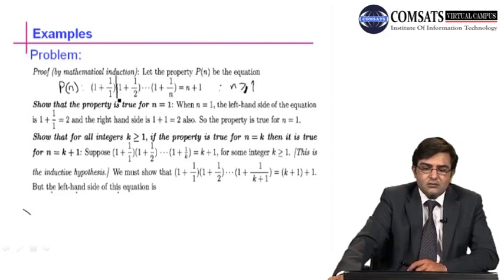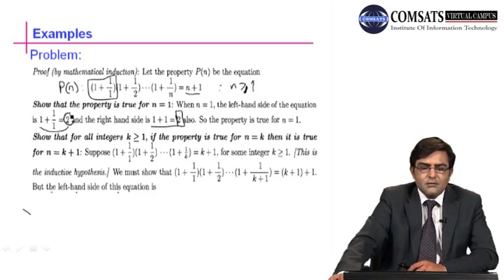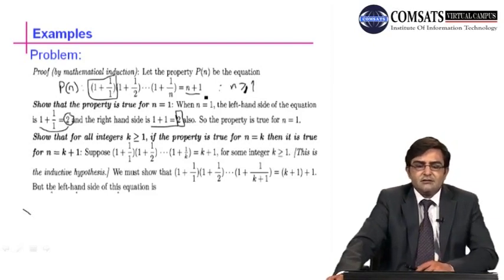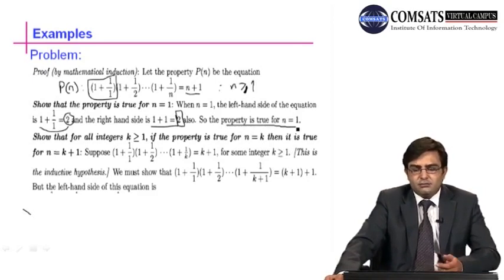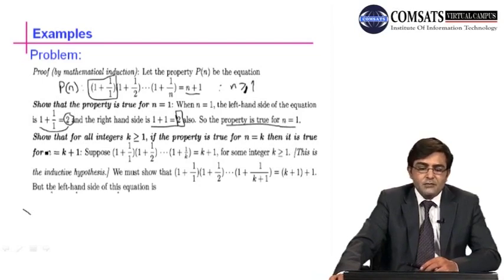So we obtain 1 plus 1 over 1, which is basically 2, and if we put n equal to 1 on the right hand side, we get 1 plus 1 is equal to 2. So 2 is equal to 2 here. Therefore left hand side is equal to right hand side, and we can say that P(1) is true for n is equal to 1.